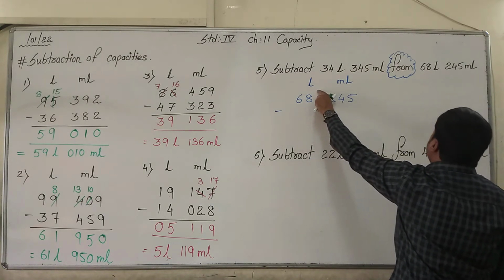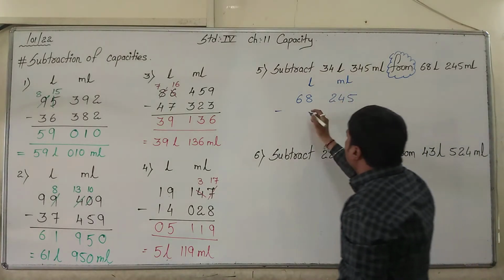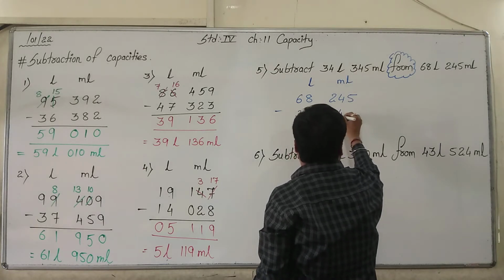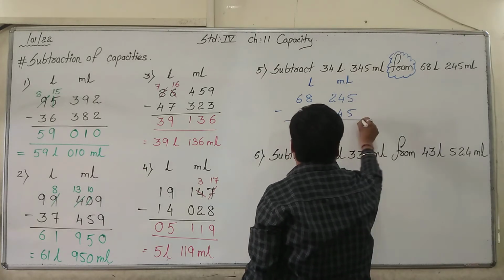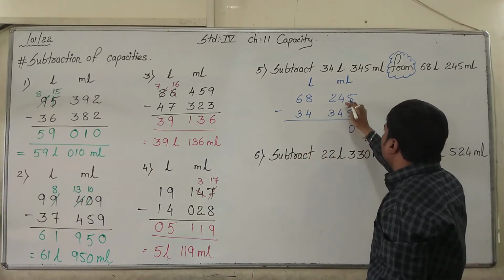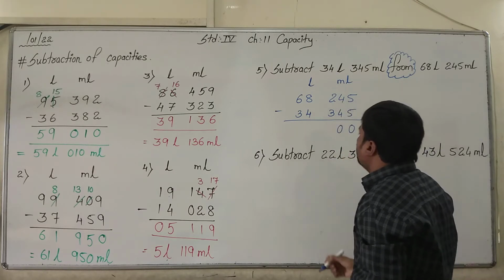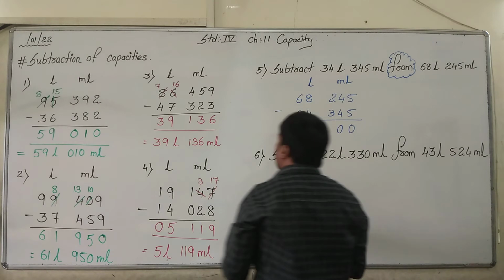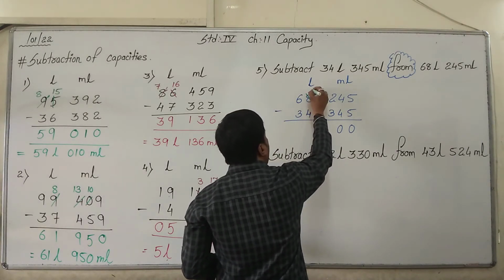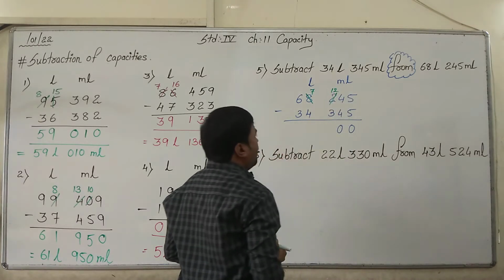So 68 liters 245 ml minus 34 liters 345 ml. Again it is very easy to subtract. 5 minus 5 is 0, 4 minus 4 is 0, 2 minus 3 is not possible, so I have to move ahead. So this 8 will become 7 and 2 will become 12, right?